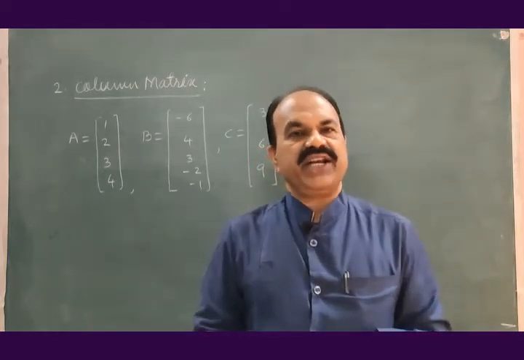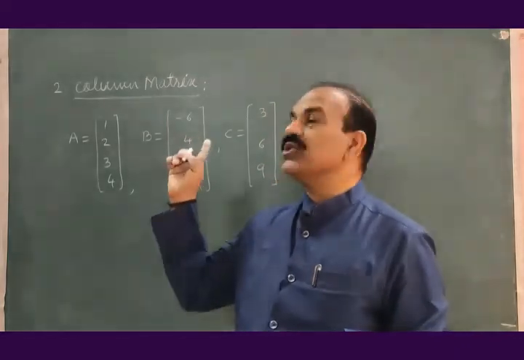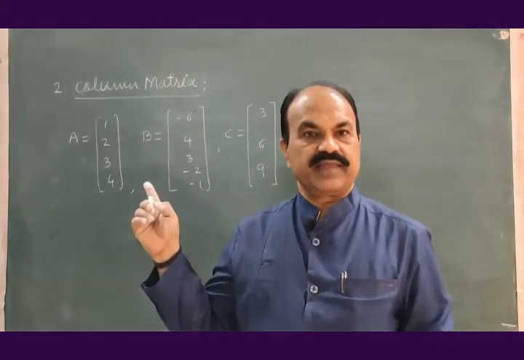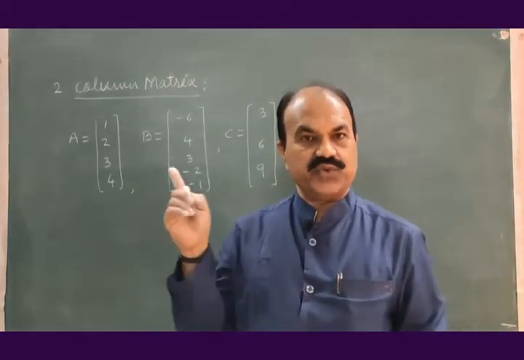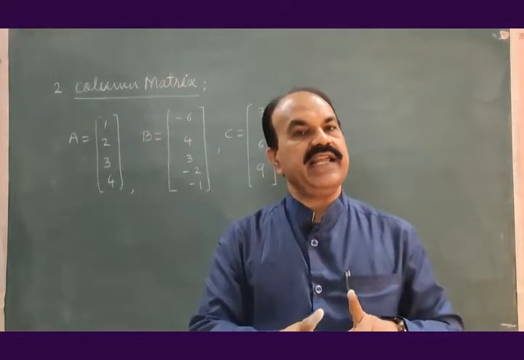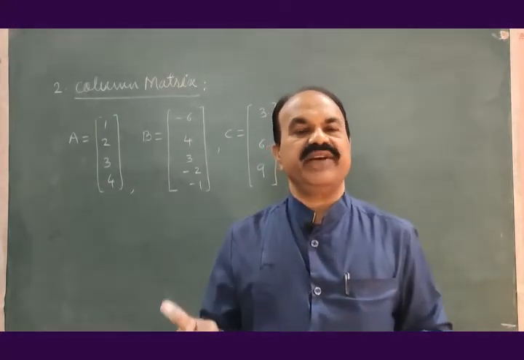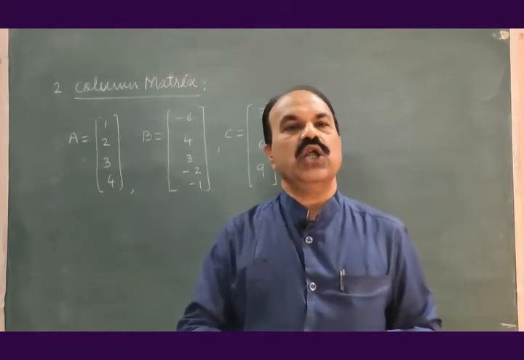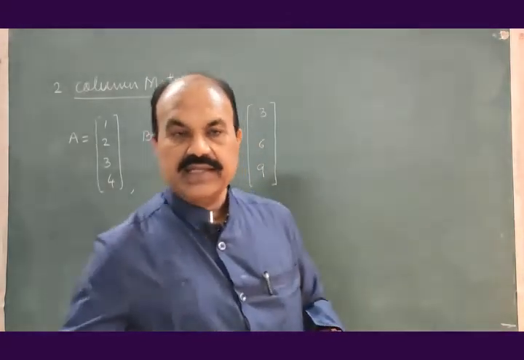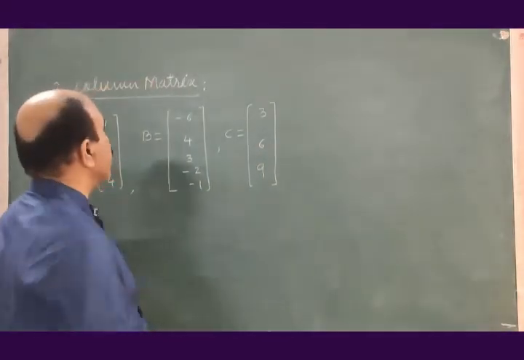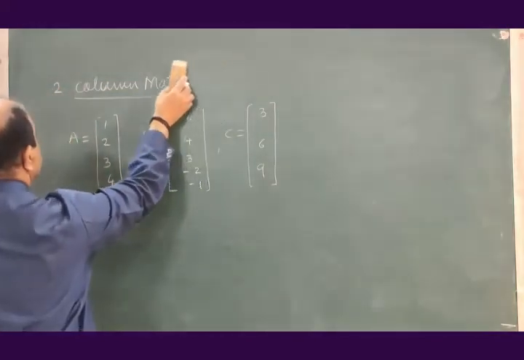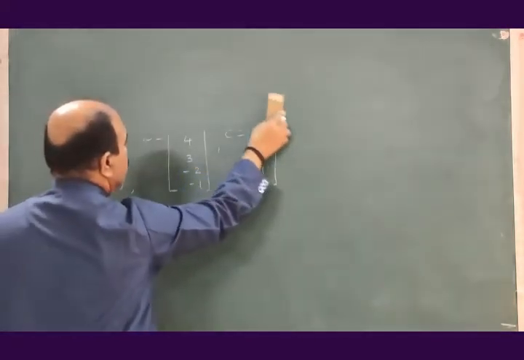Such a matrix is known as a column matrix. Now, the next type is number 3.